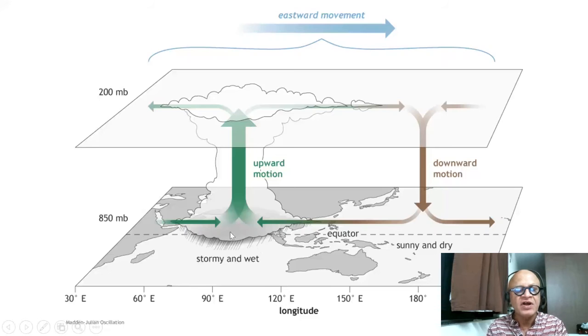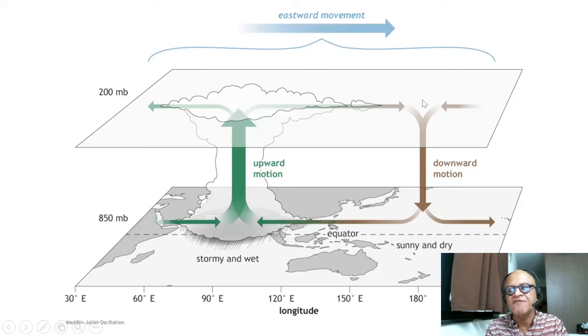This is the kind of cartoon schematic you will typically get. This is from NOAA, its blog site or its educational material on MJOs. So it's basically showing again stormy wet convective phase over the Indian Ocean side with low level convergence, upward motion, upper level divergence.